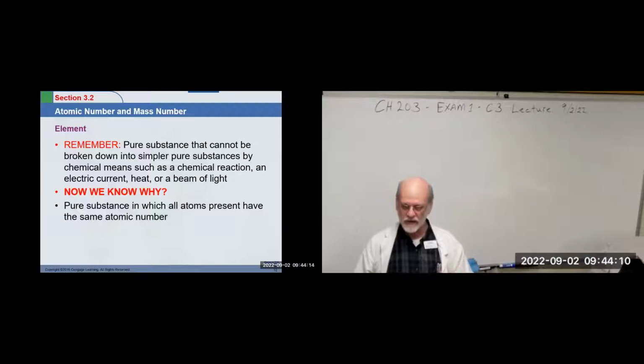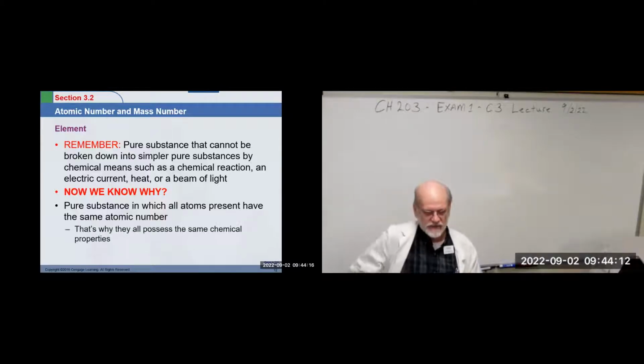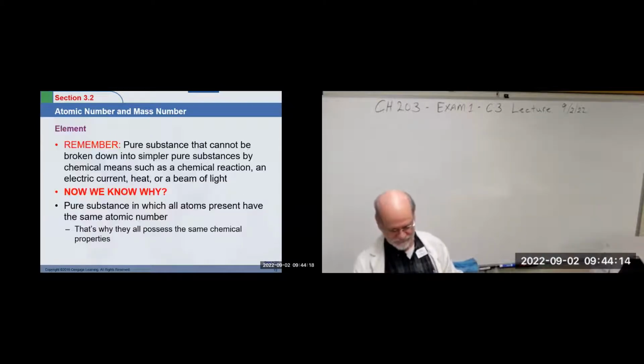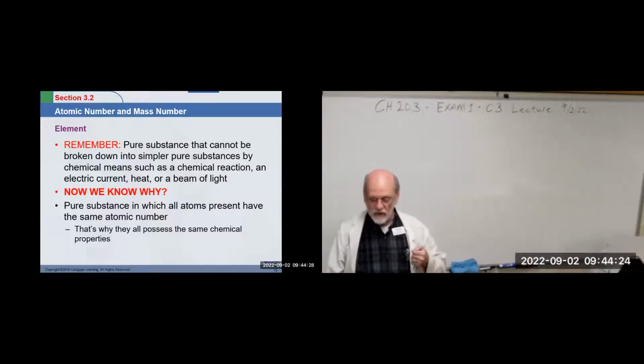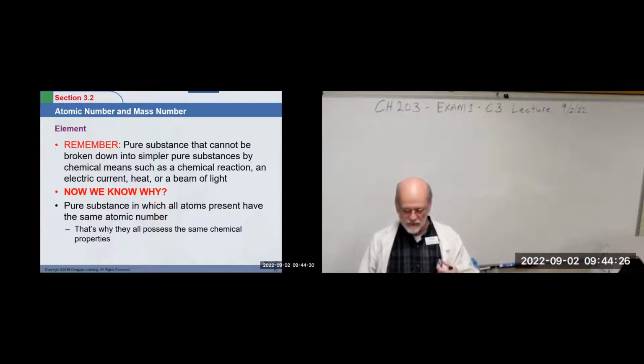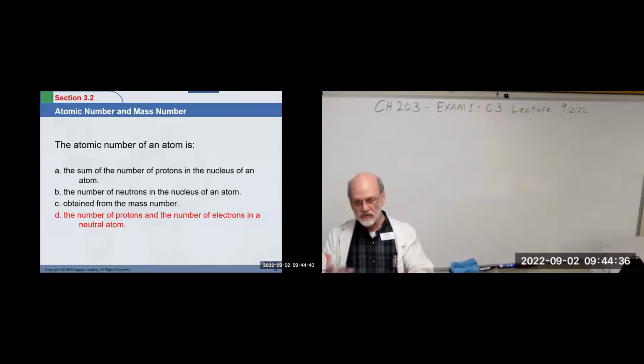So Dalton was wrong there, but we can forgive him because he didn't know about neutrons then. That's why we know that all the atoms in a pure element have the same chemical properties, because they have the same number of protons, the same number of electrons, and consequently, they will have the same electronic structure.